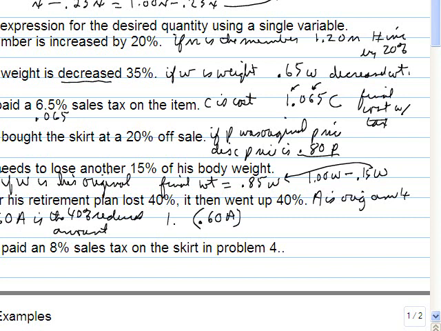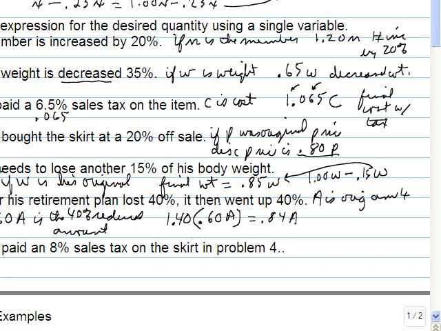So I multiply that by 1, that's the total amount of 0.60A, plus 0.40, that's adding the 40%. Well, what do I actually end up with? Well, 6 times 4 is 24. 6 times 1 is 6 plus 2 is 8. I end up with 0.84A.